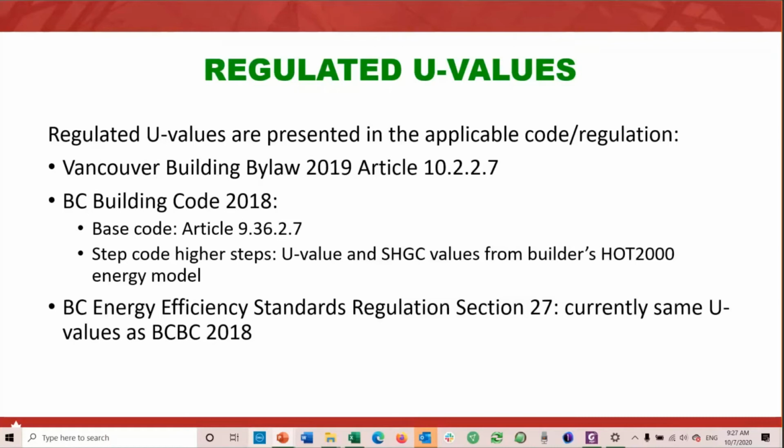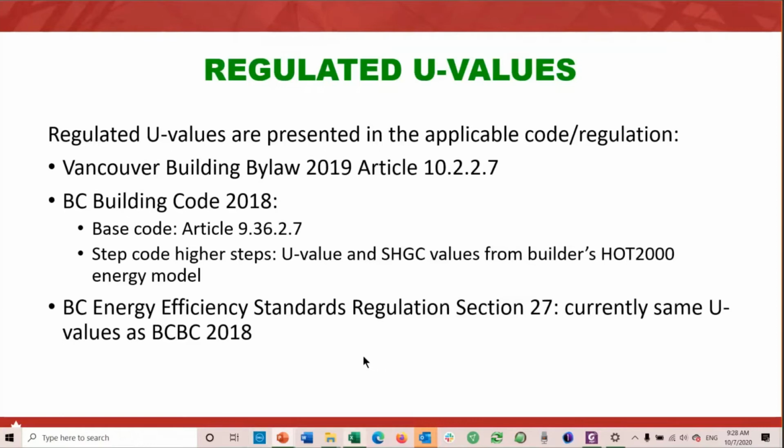So under the step code, when there's a performance model for the building, the U values are not coming straight out of the code. They're actually a result of the energy model that's developed for that building.